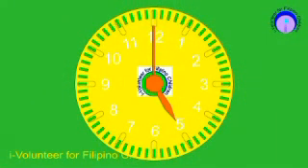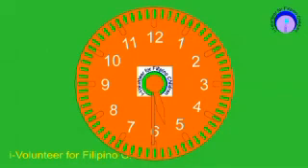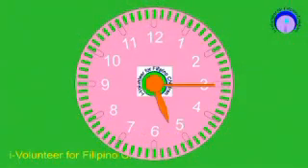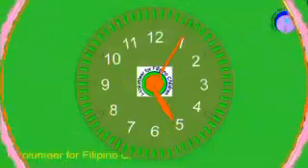What time is it? The time is 5 o'clock. What time is it? The time is 5:30. What time is it? The time is 5:15. What time is it?